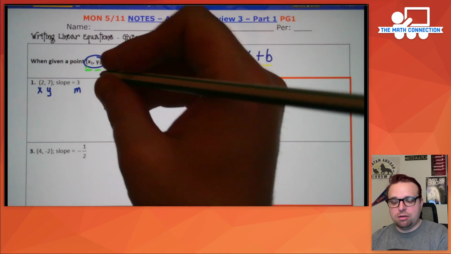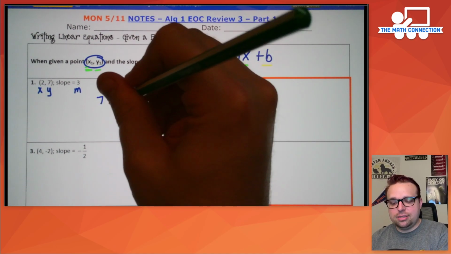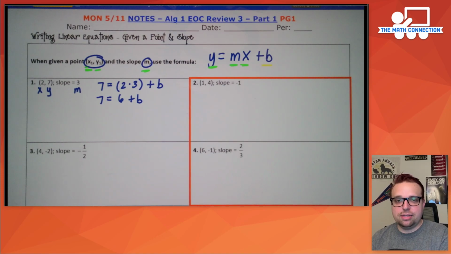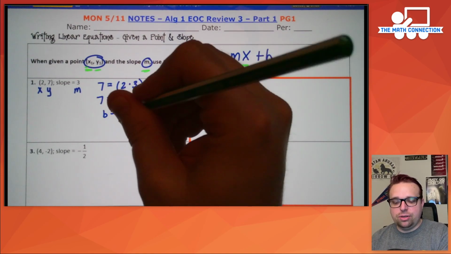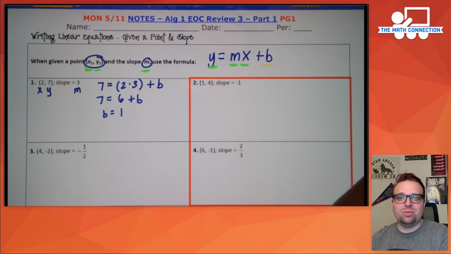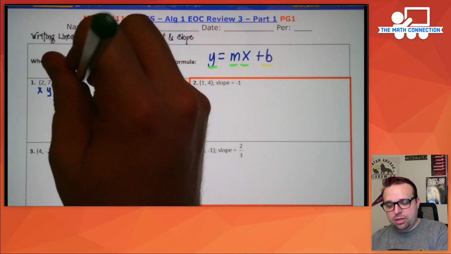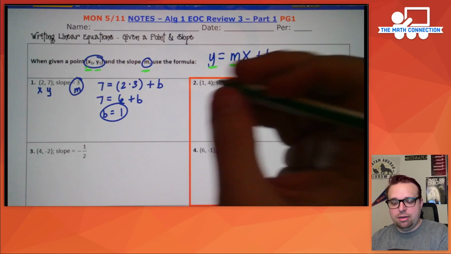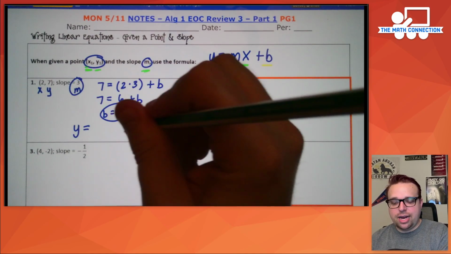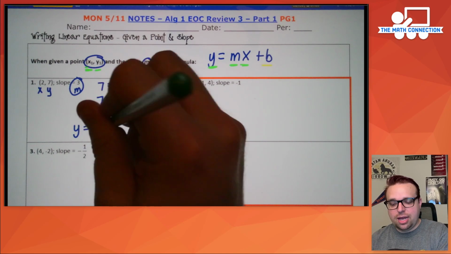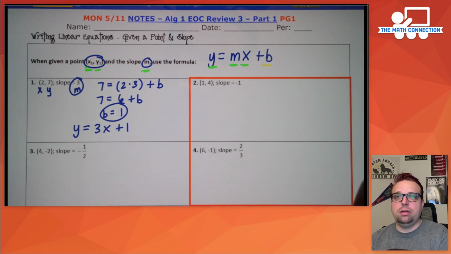If we solve this equation for b, we get 6 plus b, since 2 times 3 is 6. So b is 1, because 6 plus 1 makes 7. Now that I know m and b, the equation of this line is y equals 3x plus 1. And that's all there is to this.